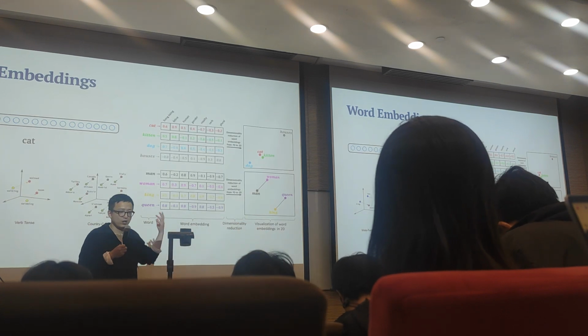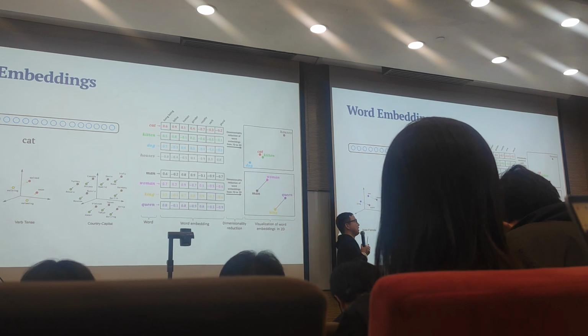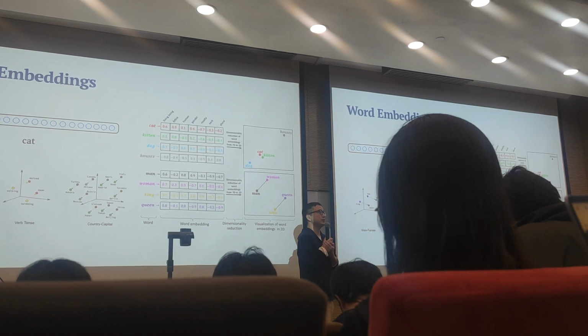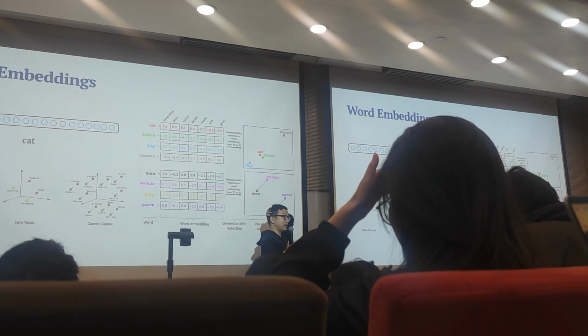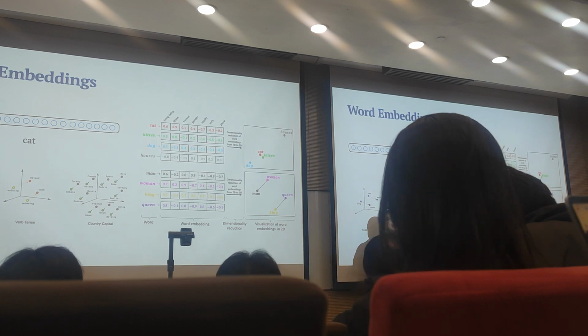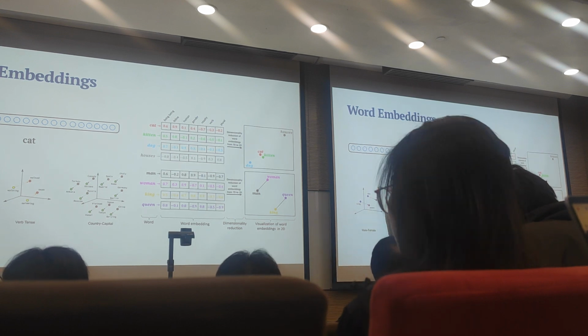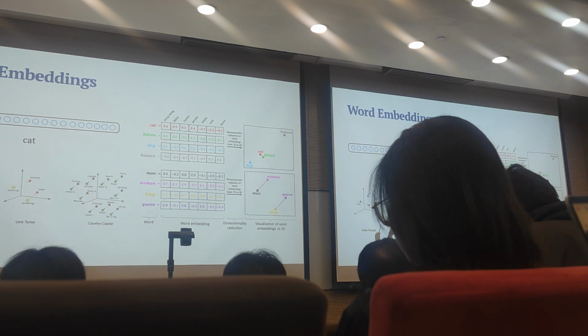So what is a word embedding? I realize I should probably mention it a little bit here so that you get an example idea of what it looks like. For example, if we have the word cat, then we have a word embedding representing the meaning of this word cat.